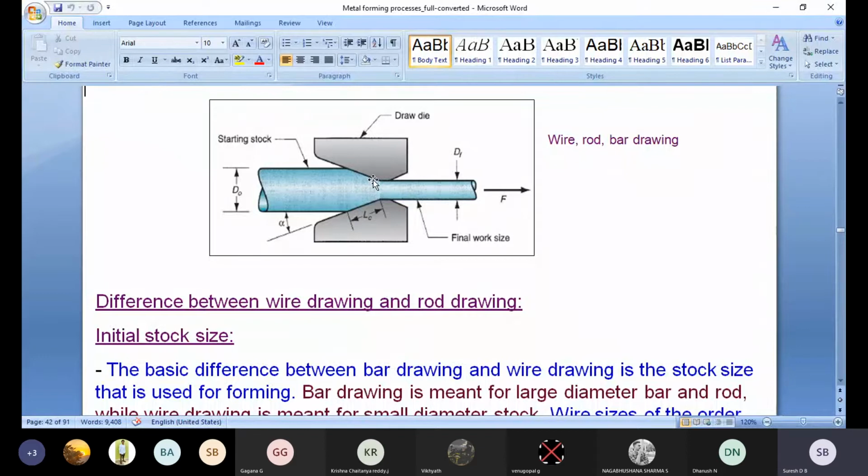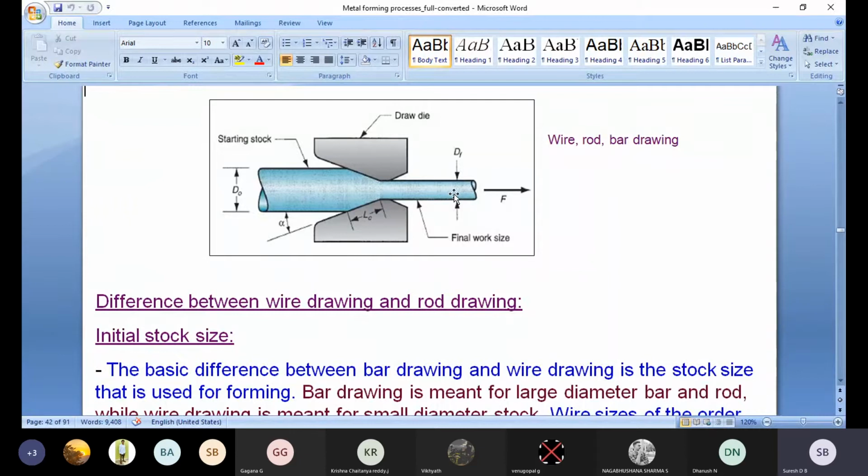Again you reduce the gap between the upper and lower die. Here 30 mm is there, and in the second operation you reduce the gap between both dies, from 30 to 10 or 15 mm. Once you reduce it to 15 mm, the output product is 15 mm diameter.